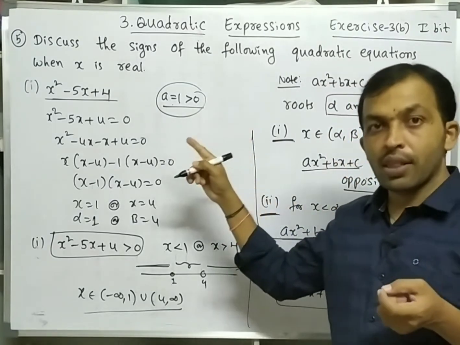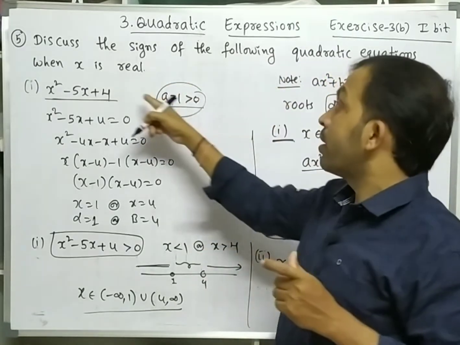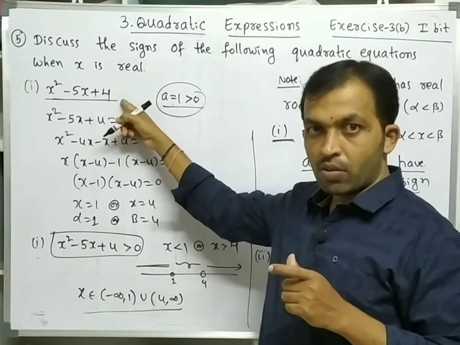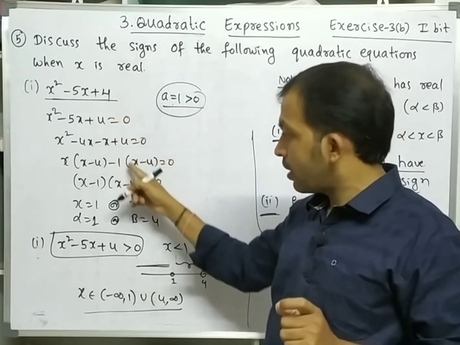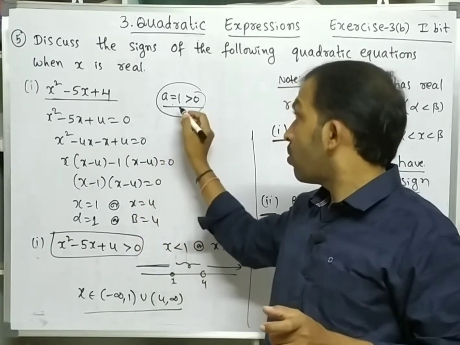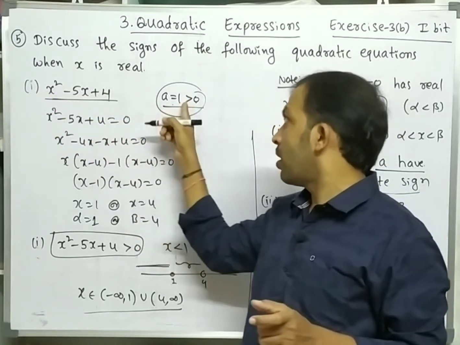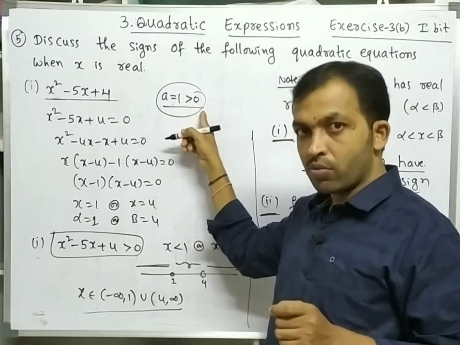So students, listen. To check the sign of the quadratic expression, first we have to find the roots. Now what is the value of a? The coefficient of x square is a, that is 1, which is positive.